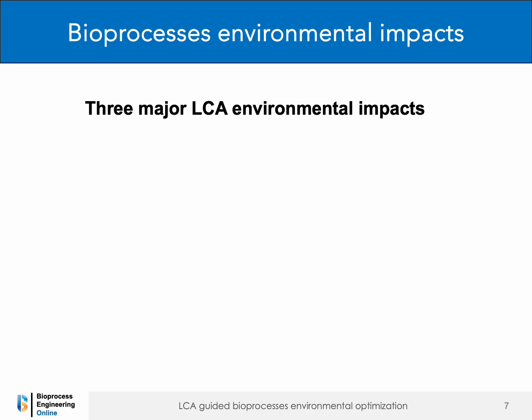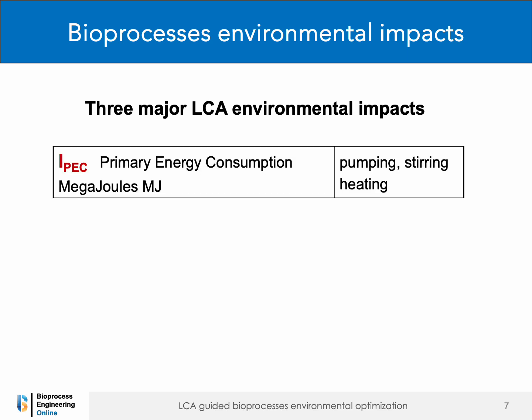For bioprocesses, there are typically three major LCA environmental impacts to consider. Firstly, primary energy consumption, PEC, in megajoules. Bioprocesses often exhibit high energy consumption, particularly for the operation of fermentation and thermal unit operations, such as sterilization, evaporation, and drying.